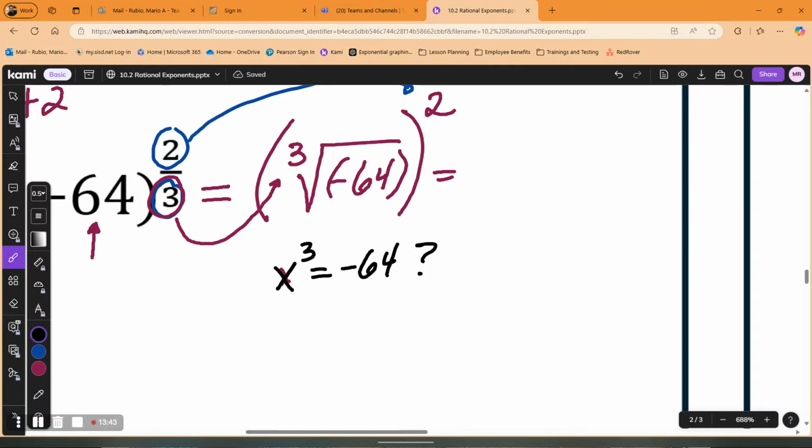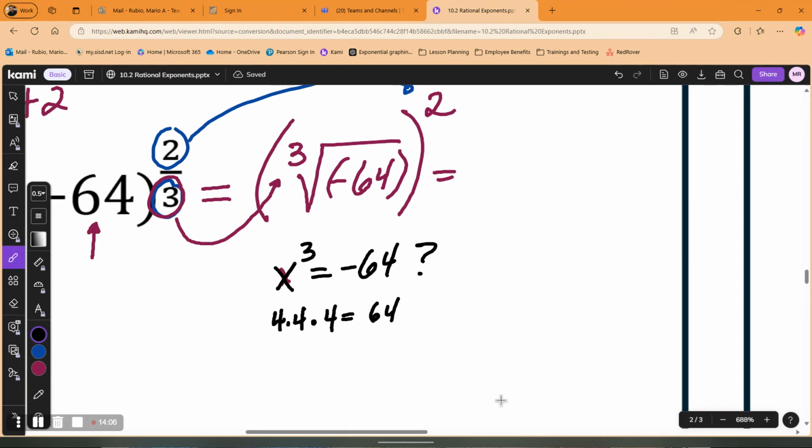No. 2 times 2 is 4. Oh, it's 4. The cube root of 64, I think it's 4. So 4 times 4 is 16. Times 1 more 4 gives me 64.